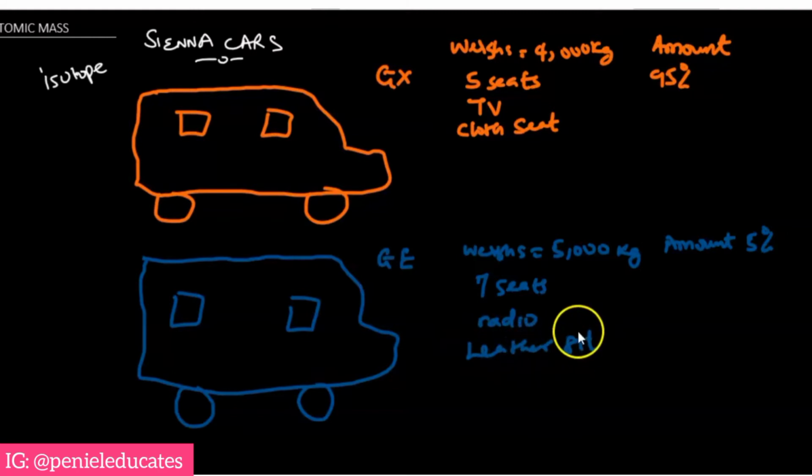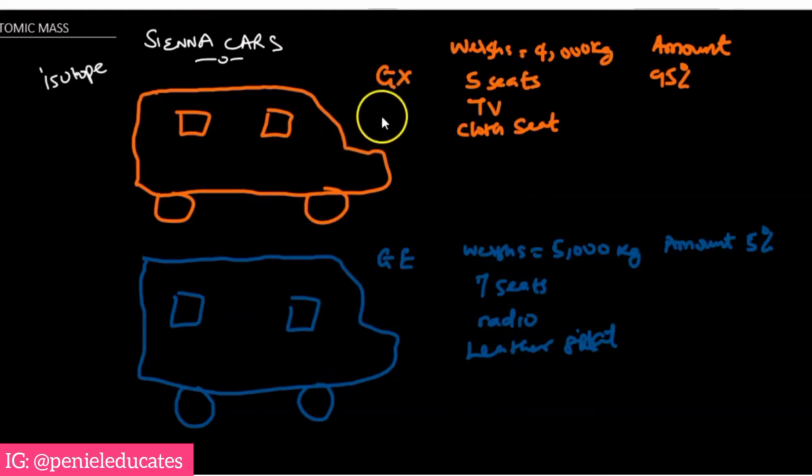You will discover that this doesn't change the fact that we have these two cars as Siennas. So we have this GX model that has different weights, but has 5 seats. This one has a TV, this one just has a radio and all that.